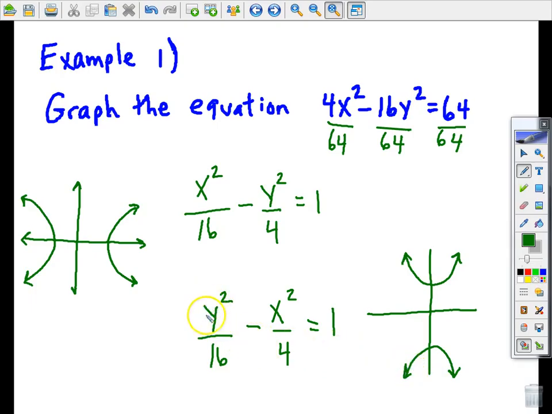Just like the y-axis runs up and down, y comes first in the equation, so I'm going to have parabolas that open up and down. The x-axis runs left and right. In my equation, x comes first, so I'm going to have parabolas that open left and right. So pay close attention when you're looking at hyperbola equations as to which variable comes first. And that will tell you what your graph will look like in general.